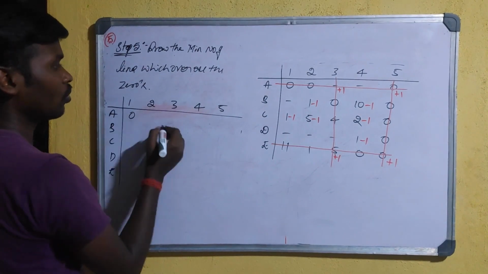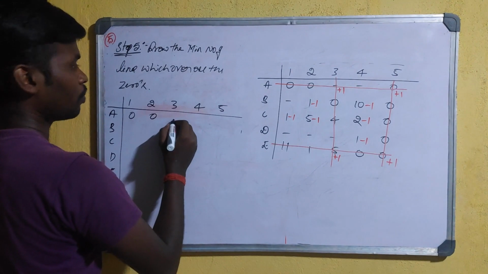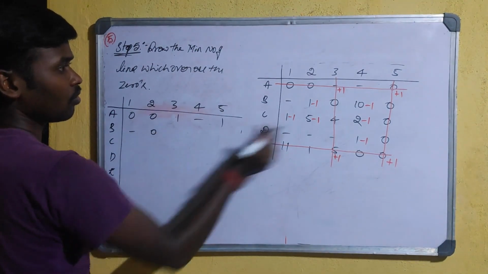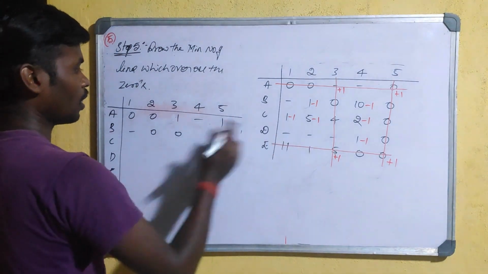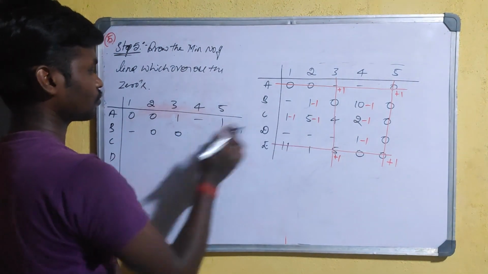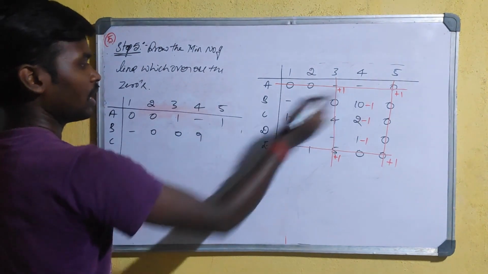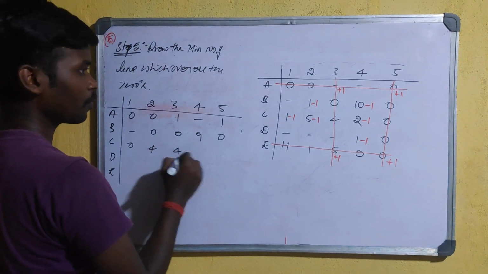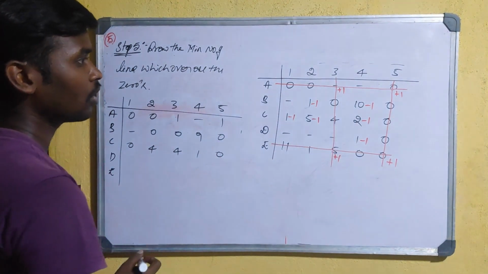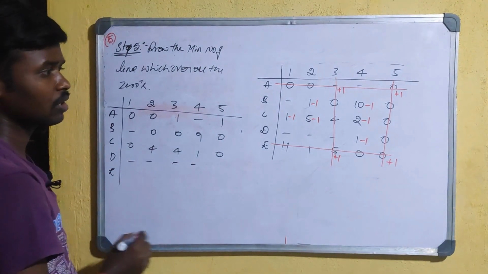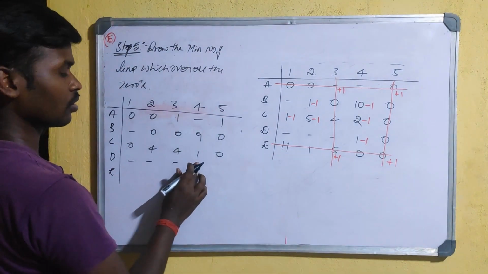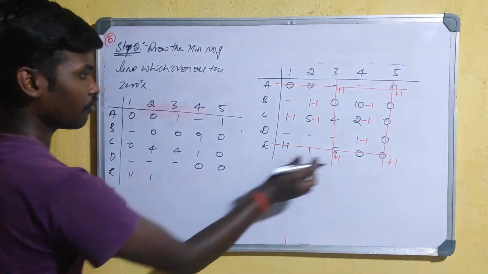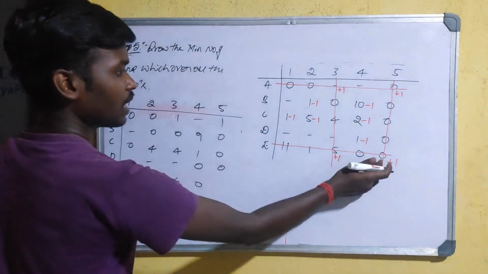Okay, take down 0, 0, next plus 1, next 1, next hyphen, 1 minus 1, 0, next we have 0, next 10 minus 1, 9, and again 0, next 1 minus 1, 0, and 5 minus 1, 4, next 4, 2 minus 1, 1, next 0, next prohibit all the cells, next 1 minus 1, okay, 1 minus 1, 0, and last one 0, next 11, 1, 5 plus 1, 6 here, and again 0, next 0 plus 1, 1.